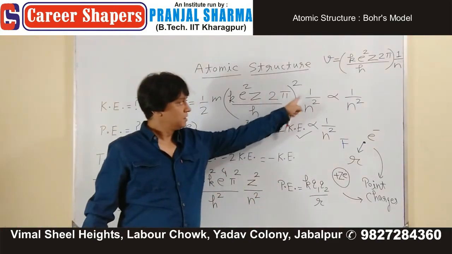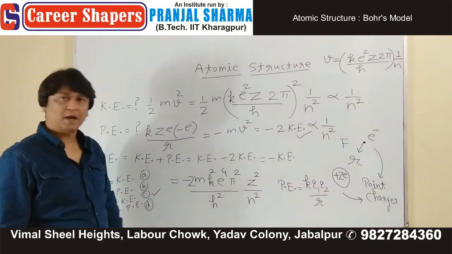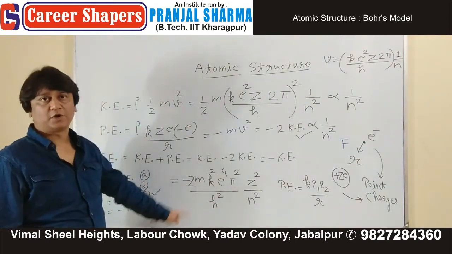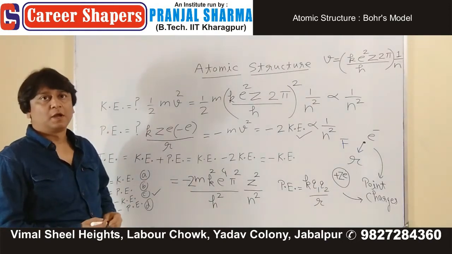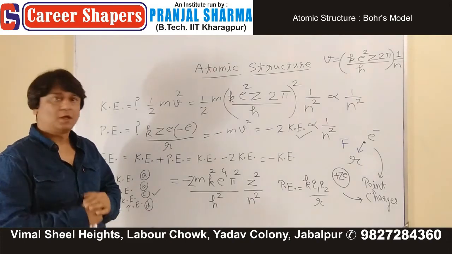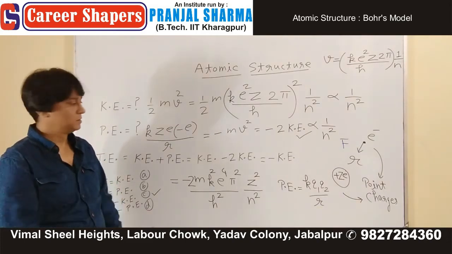Z square divided by n square. This is total energy of an electron in its nth orbit for hydrogen type atoms.